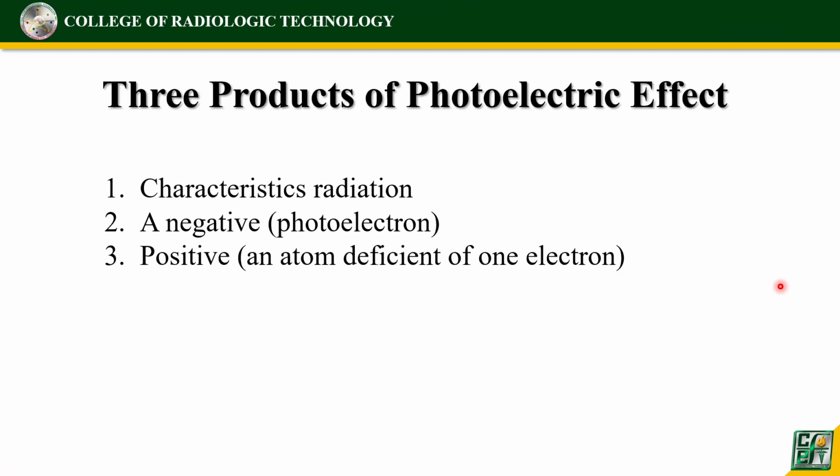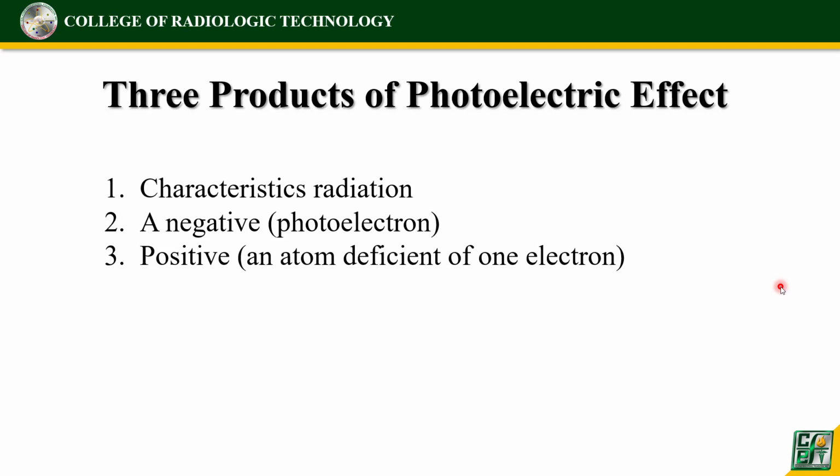Okay. So, in any photoelectric interaction, meron tatlong products or tatlong na-produce. Ito ay characteristic radiation. Okay. A negative ion, which is photoelectron, and then a positive charge or yung atom ay nagiging positively charged.